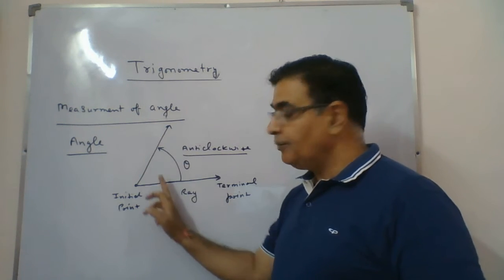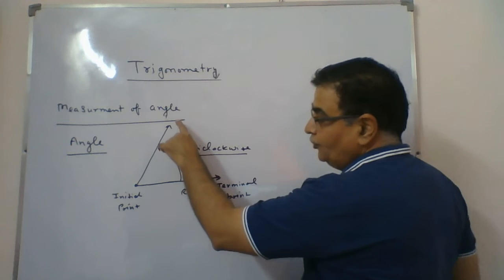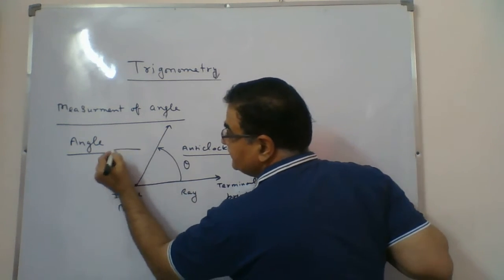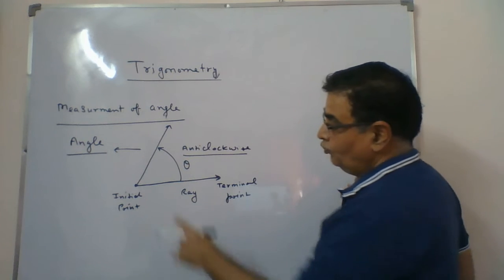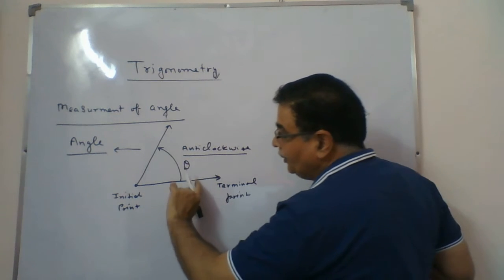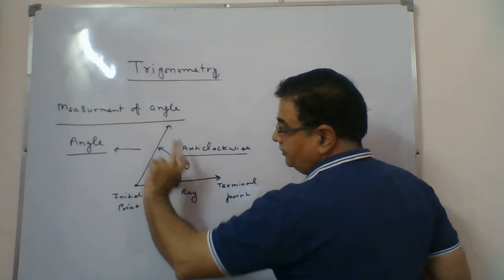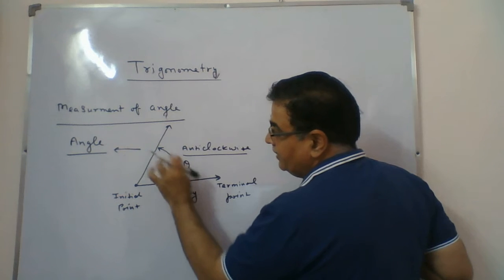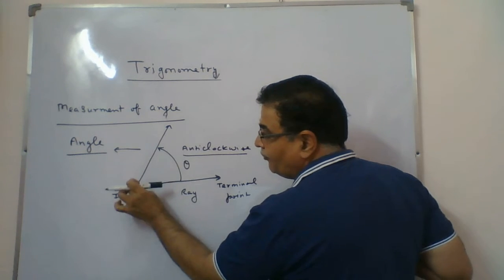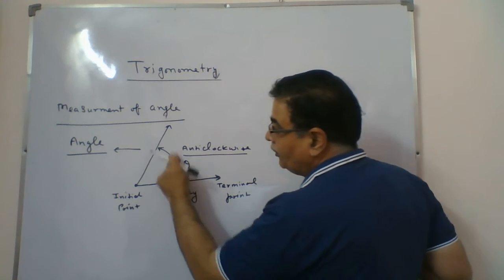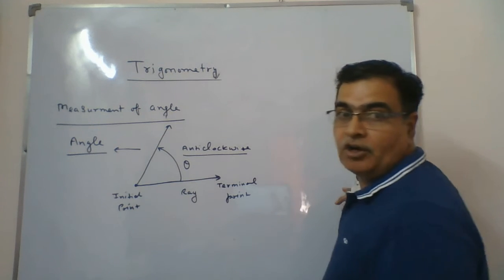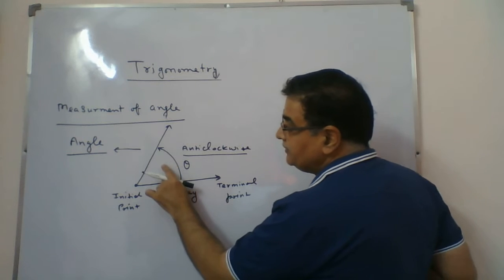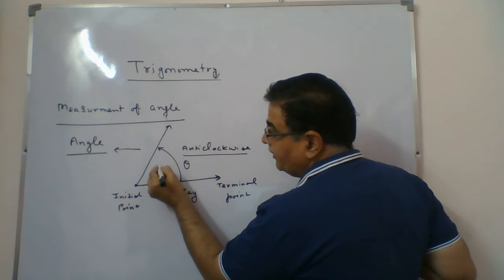After rotation, the structure which you get will be called an angle. Initially this is the position of the ray; when I rotate it, this will be the final position. If the rotation is in anti-clockwise direction, we will say this angle is a positive angle.